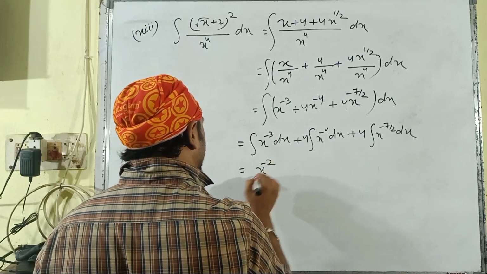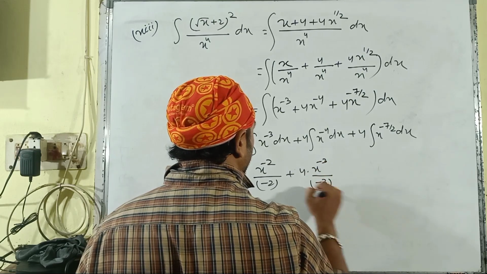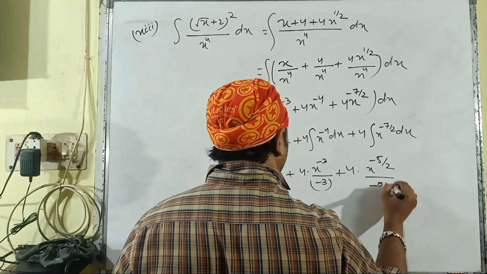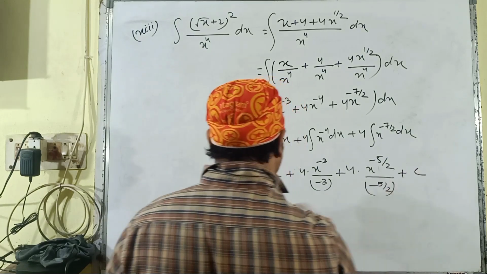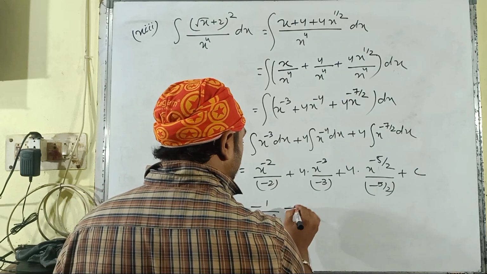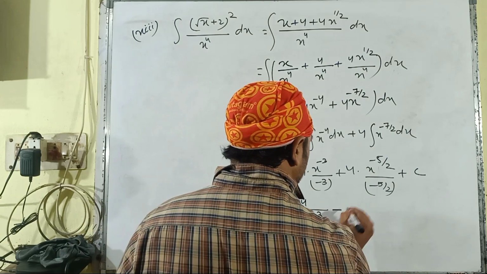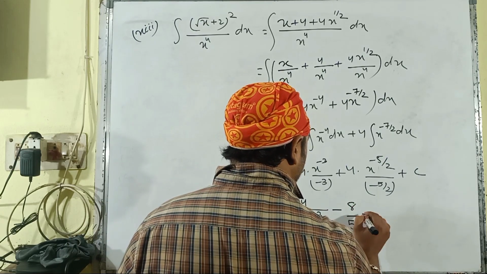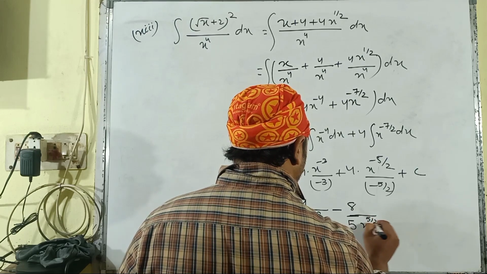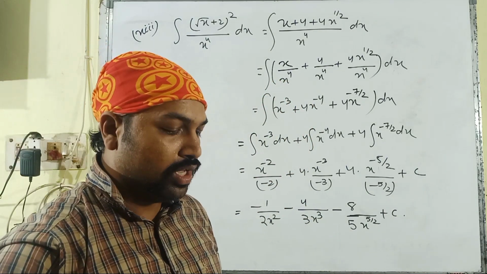Then it is x to the power minus 2 divided by minus 2 plus 4 into x to the power minus 3 divided by minus 3 plus 4 into x to the power minus 5 by 2 divided by minus 5 by 2 plus any constant c. Then it is minus 1 upon 2x square, then minus 4 upon 3x cube, then minus 8 by 5 x to the power 5 by 2, plus any constant c, and this is the answer for the 13th part of number 1.